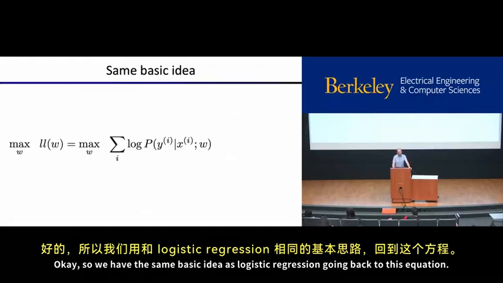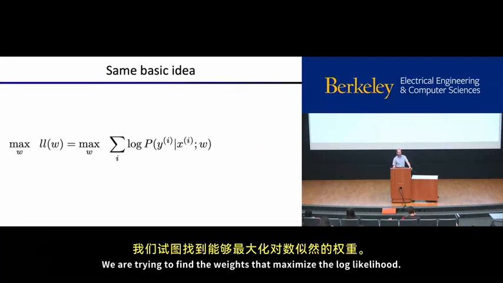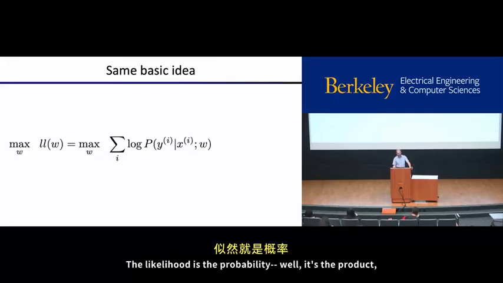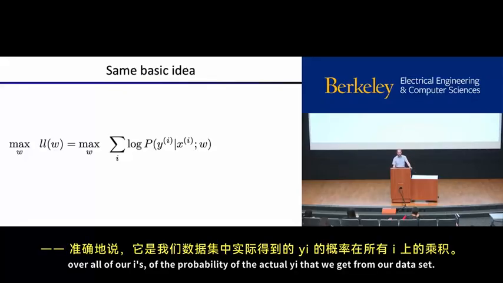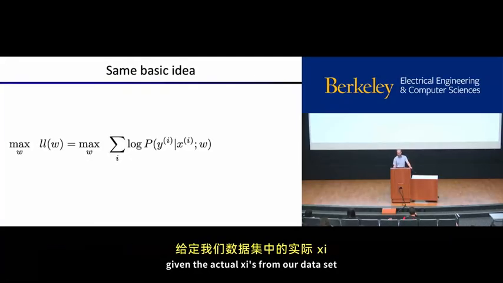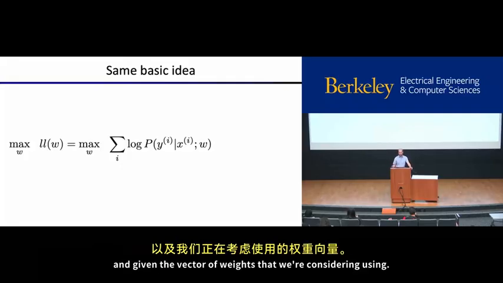So we have the same basic idea as logistic regression. Going back to this equation, we are trying to find the weights that maximize the log likelihood. What is the likelihood? It's the product over all of our i's of the probability of the actual yi that we get from our data set, given the actual xi's from our data set, and given the vector of weights that we're considering using.